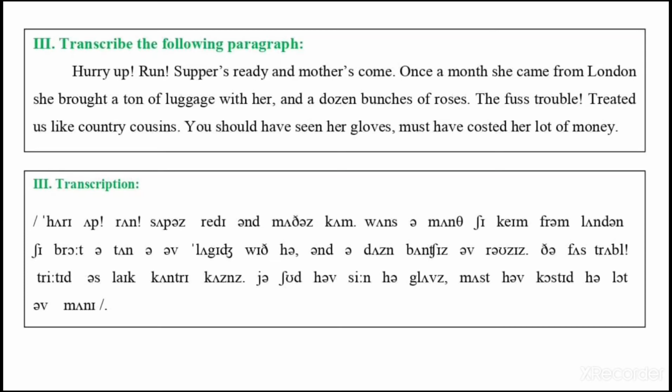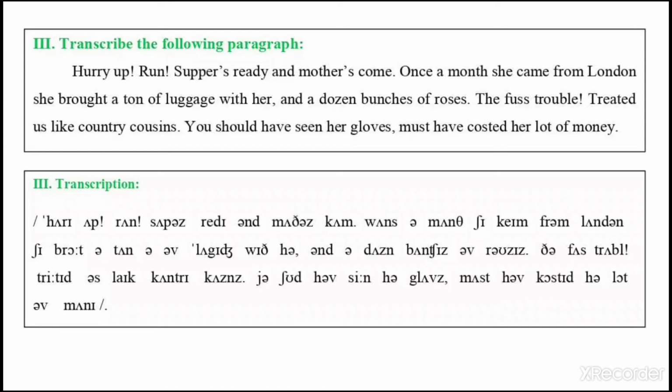Supper's, so it means supper is ready, so apostrophe S. Su with V upside down and the schwa. Supper's ready, ready. A and short E. Ready. And schwa and mother's. Mother's with V upside down and the schwa and the z. Mother's come. Come again with the V reversed.